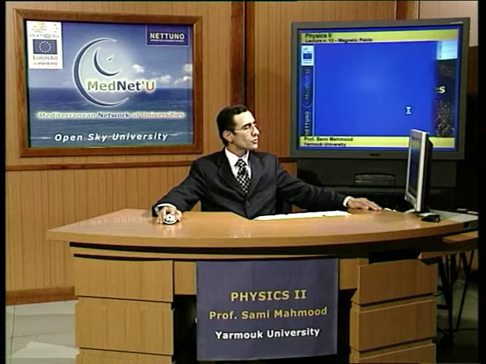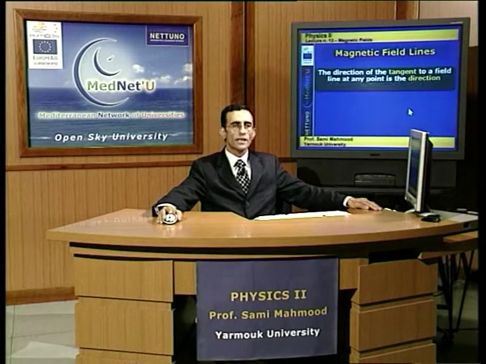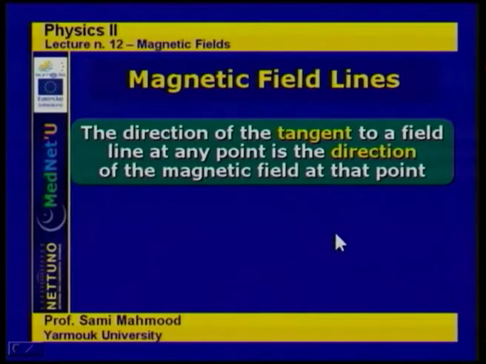And now the magnetic field lines are introduced as a concept, just like in the electrostatic case. We mention here that the direction of the tangent to the field lines at any point is the direction of the magnetic field at that point.